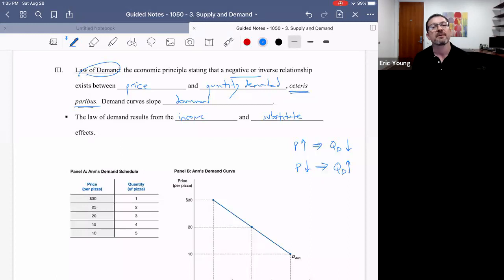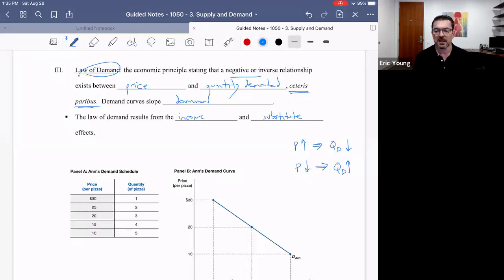It's also reflected by the substitution effect. The substitution effect suggests that we all have alternative ways to achieve utility. So if the price of an item goes up, we're going to be drawn away from that item and look to substitute items that will still satisfy our utility. For example, if you're hungry, you want a pizza later on.